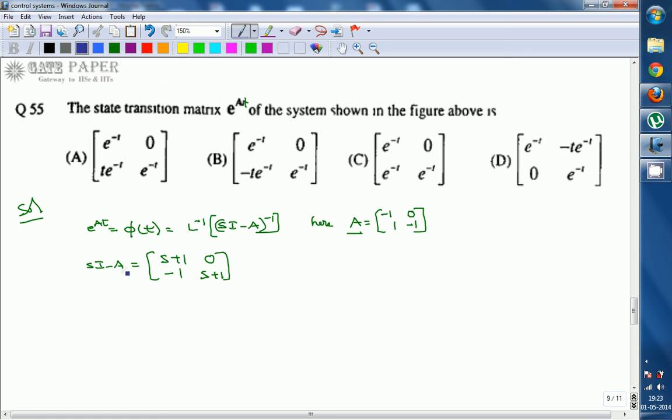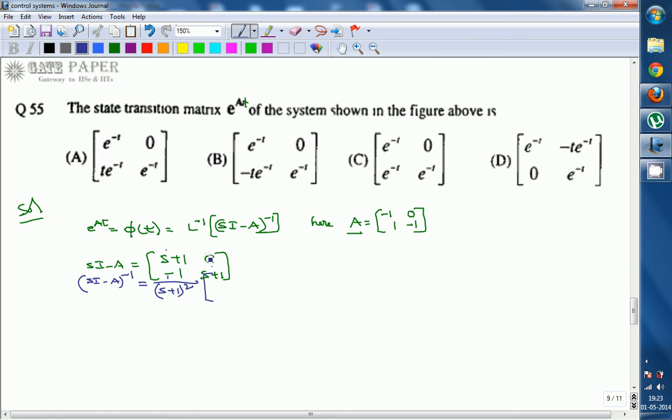So (sI minus A) whole inverse equals to, we know that it is 1 over AD minus BC, that is (s plus 1) whole square minus 0 into 1.